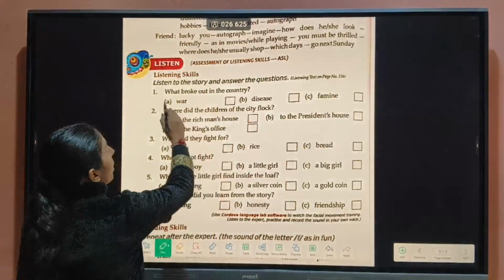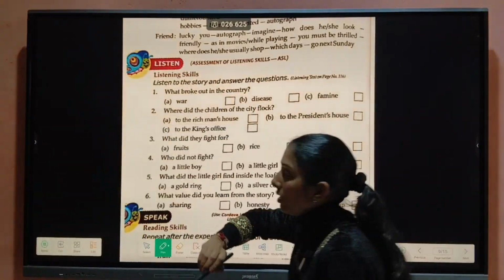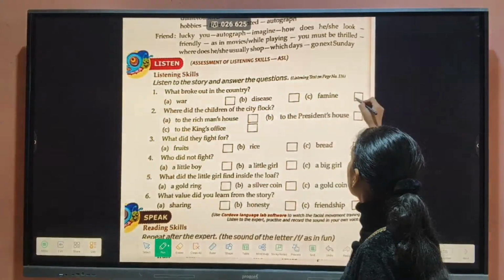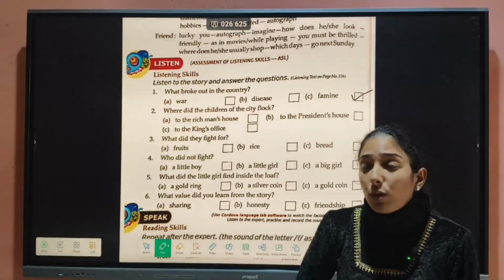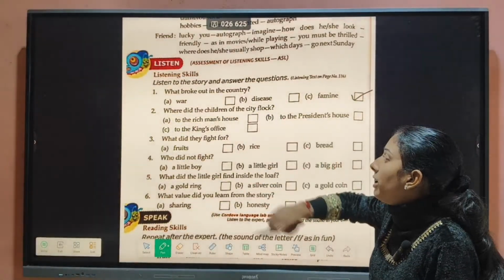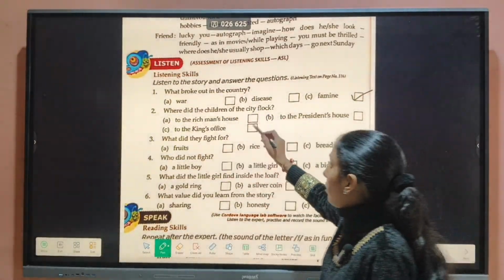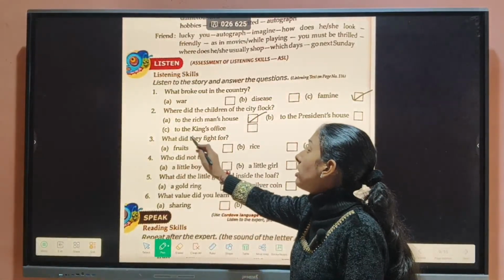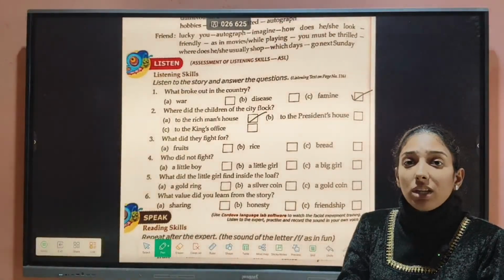Okay, what broke out in the country? Was there war? No. Was there disease? No. What was there, beta? Famine was there. Okay, where did the children of the city flock? They were going to a rich man's house. What were they fighting for?